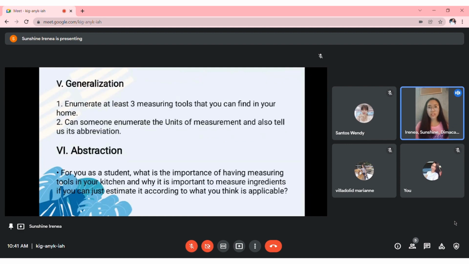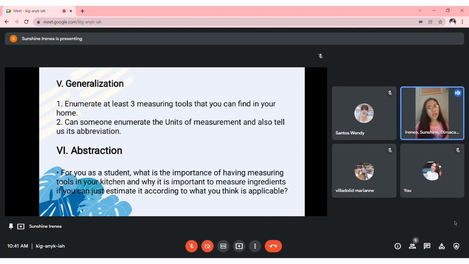So next is the generalization. In the generalization, the students will answer a question: enumerate at least three measuring tools that you can find in your home, and enumerate the units of measurement and also tell their abbreviations.